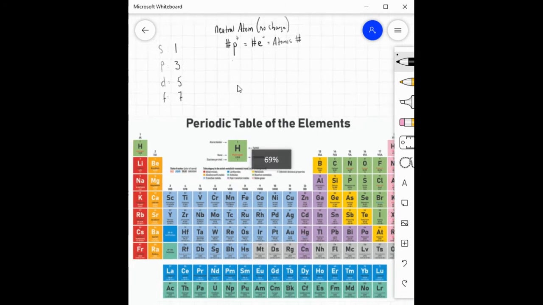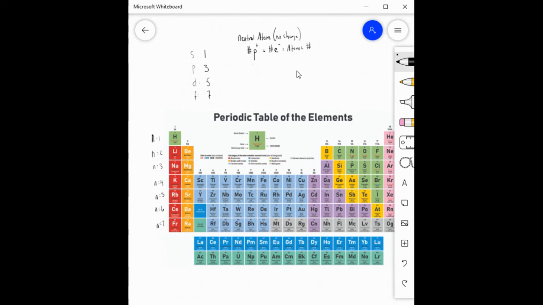One thing I'd like you to know is that the electrons will fill the first energy level before the second, and then the second will fill before the third, before the fourth.